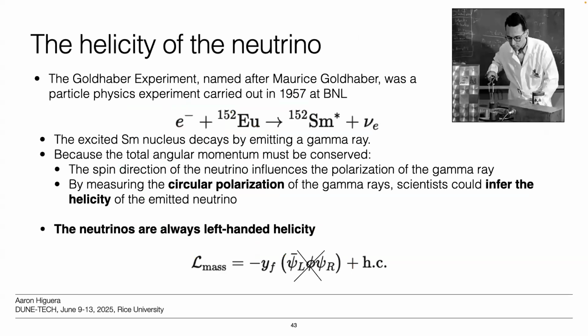So in 1957, there was an experiment that was searching for the helicity of the neutrino. Does anyone know what helicity means in this context? Or right-handed, left-handed particle? Can you explain? It has some relation with spin. Anyone else have heard about helicity?